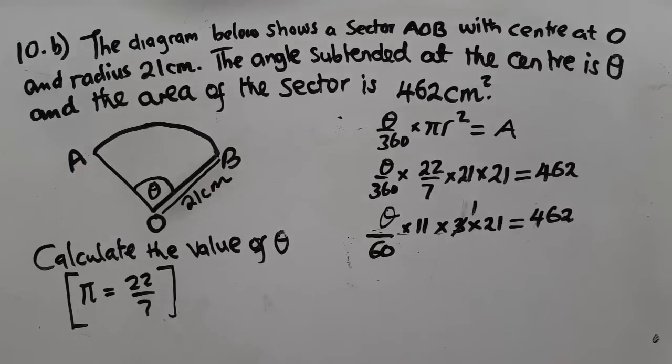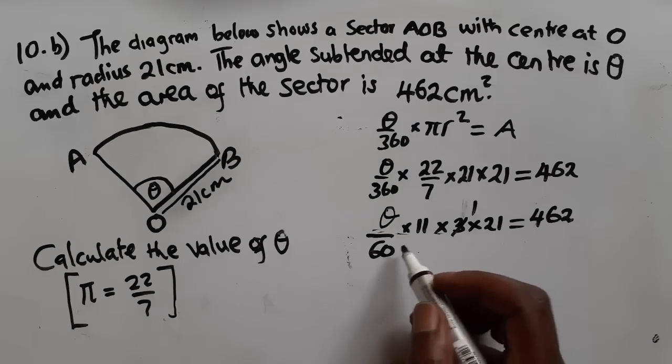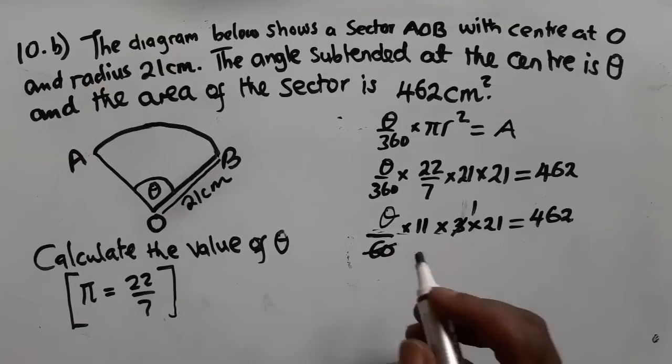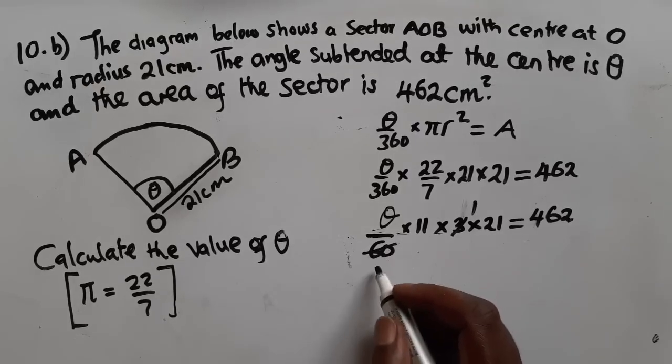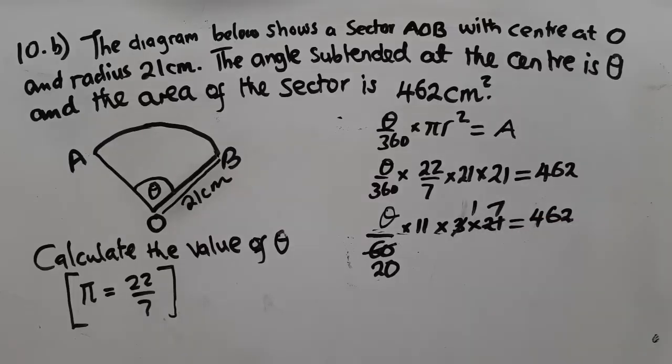Now, if you want, we can again go further here: 3 here, how many times? It's 20, isn't it? 3 here, it's 7. I hope you're getting that. We are simplifying. Take note that we do not have a calculator in this case.